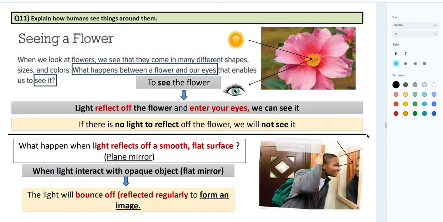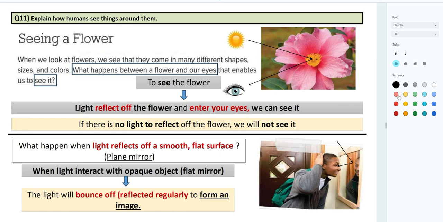Explain how humans see things around them. And we mentioned it before. We can see things around us as light is being reflected off of the surface. So when we look at a flower, we see that they come in many different shapes, sizes, and colors. What happens between a flower and our eyes that enables us to see it?